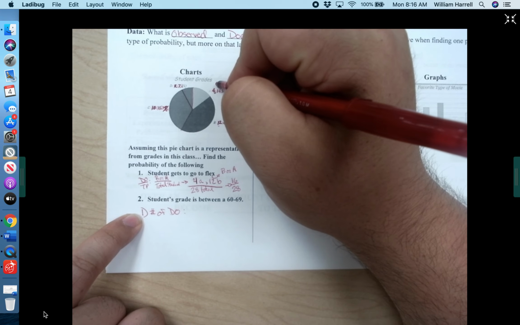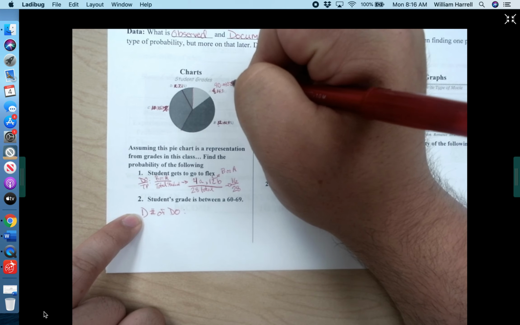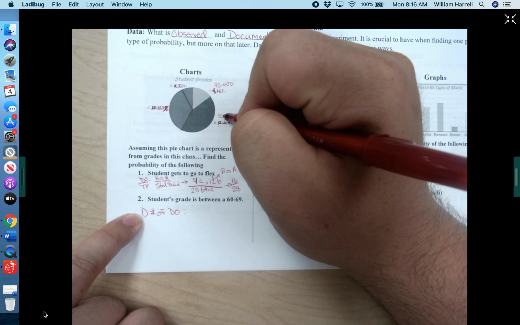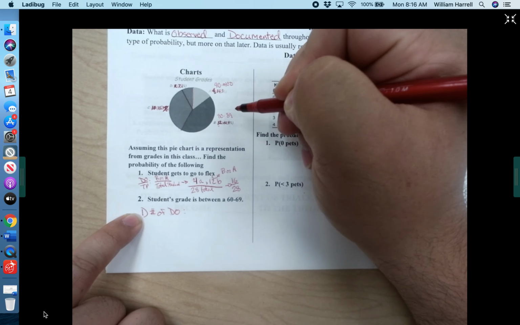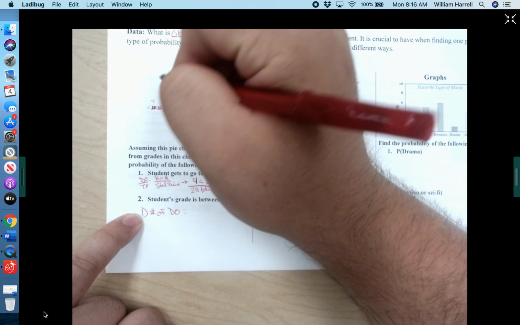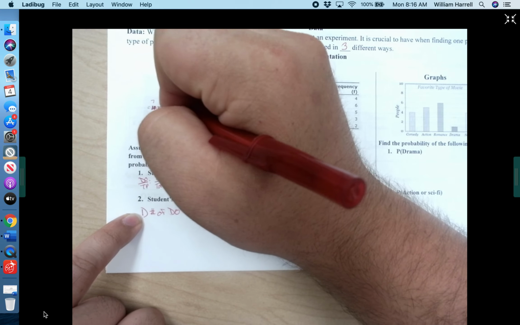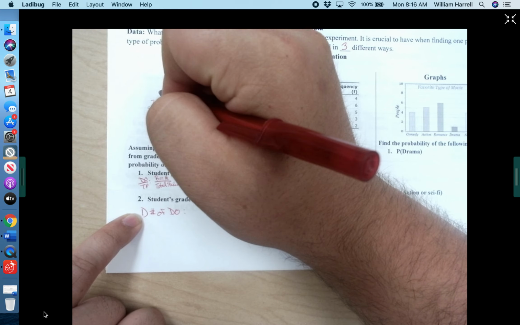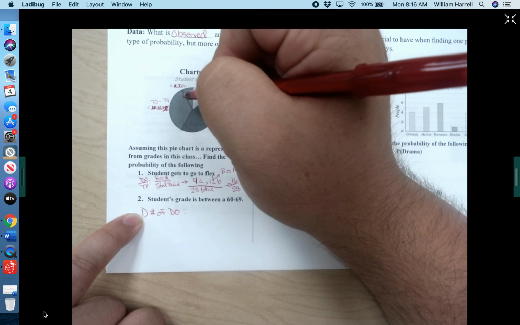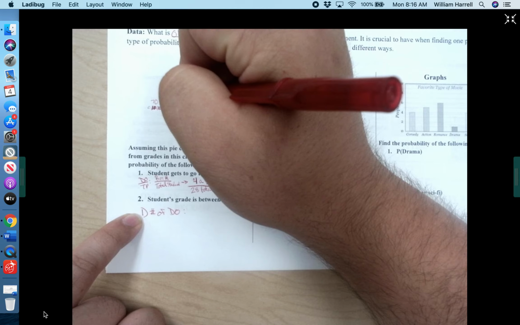Well, A is a 90 to 100, B 80 to 89, C is 70 to 79, and a D is 60 to 69.